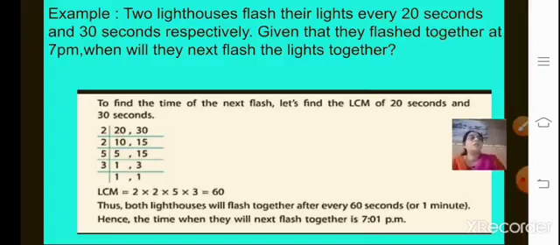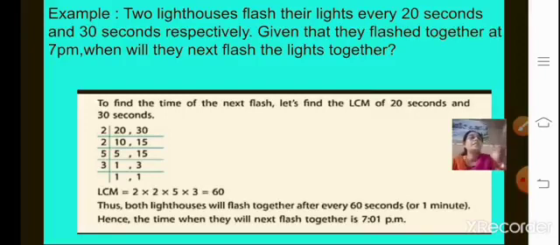Now here, since the actions are repeated, that means you have to find the LCM of 20 and 30 seconds. Now the LCM of 20 and 30 is 60 seconds. Now 60 seconds means 1 minute. So both lighthouses will flash together after 60 seconds, that is 1 minute.